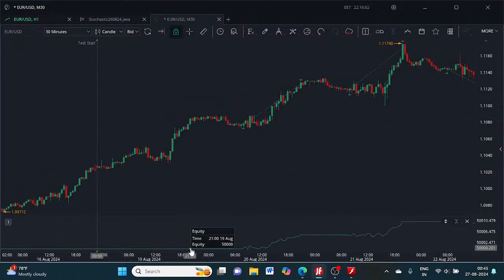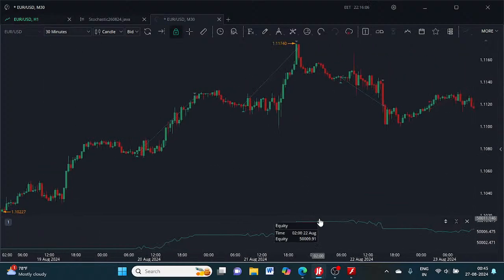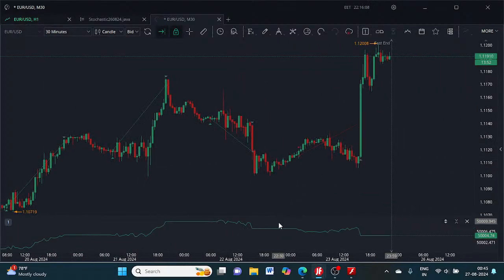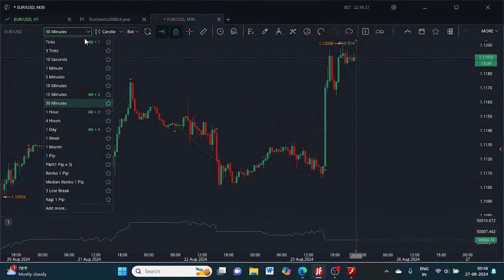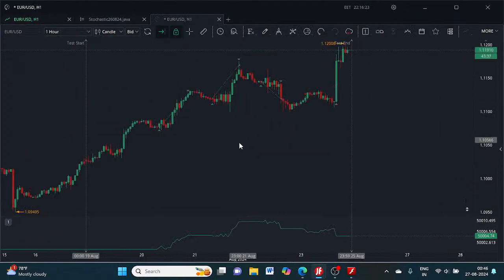Here it is. We started at $50,000, then it went up by $5, again it went up by $5, then it dropped by $2.50, again it dropped by $2.50, and after adjusting for the commission and the spread, we have this net gain.